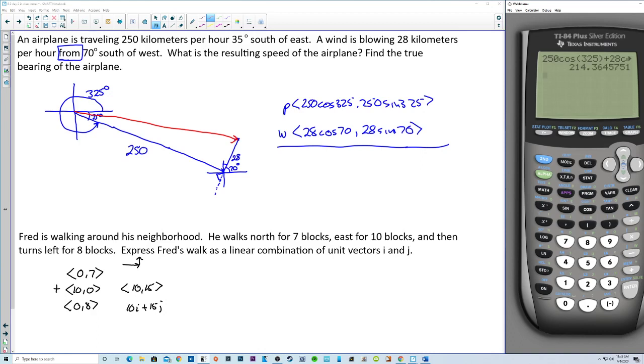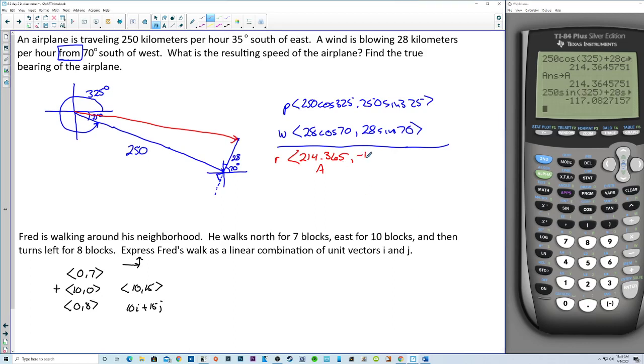So I'm getting 214. Where'd my cursor go? There it is. So this is the resulting path, 214.365, and keep on going to that, but I'll put that in A. Let's store in A. And then we'll go 250 sine of 325 plus 28 sine of 70.